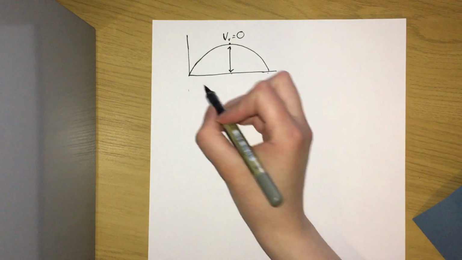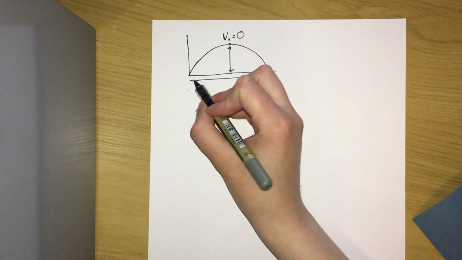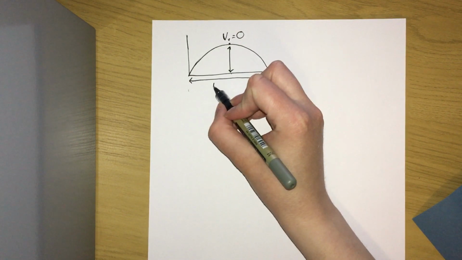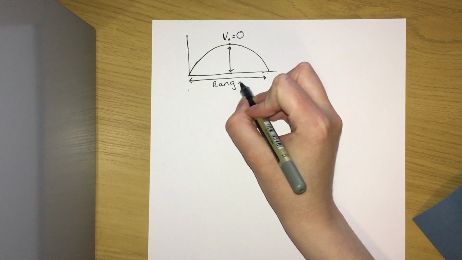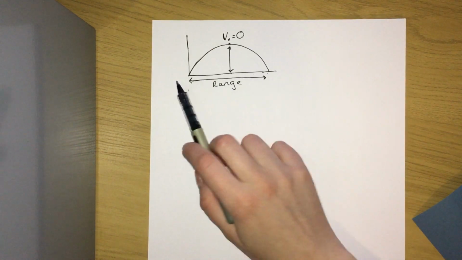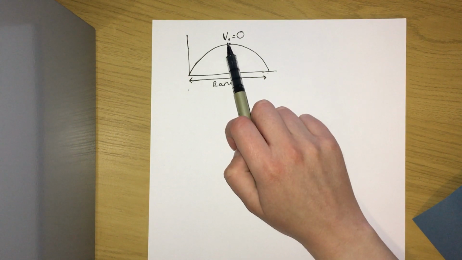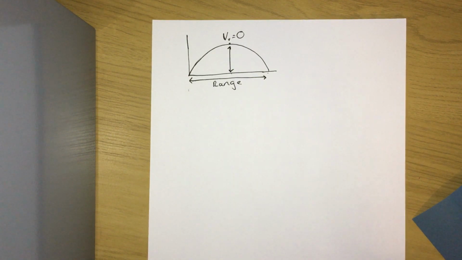And the horizontal displacement or distance is often called the range. Why it's called the range when we use range in a functions type format, I don't really know, but it is. So range, time of flight, and at the greatest height, vertical component of velocity is equal to 0.